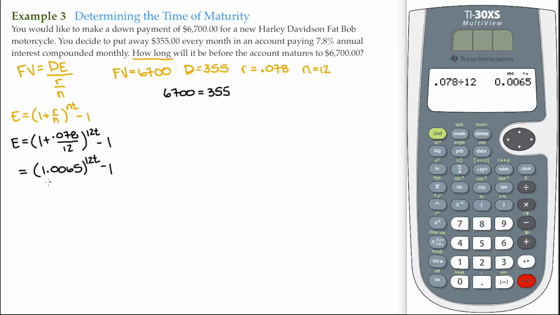And we multiply that to E, which is this: 1.0065 raised to the 12t power minus 1. See how that's our future value? That's equal to D times E. And then we'll divide all of this by R over N. That's this right here, that's our 0.0065.